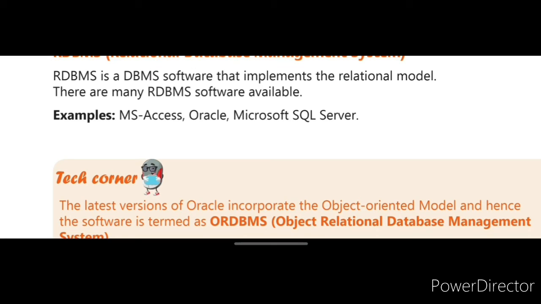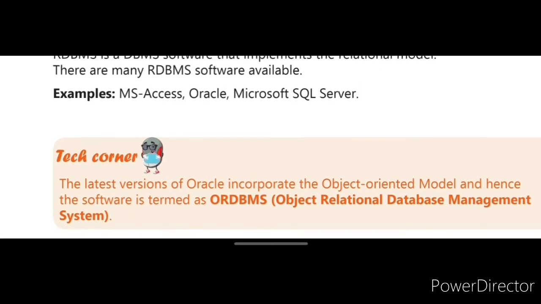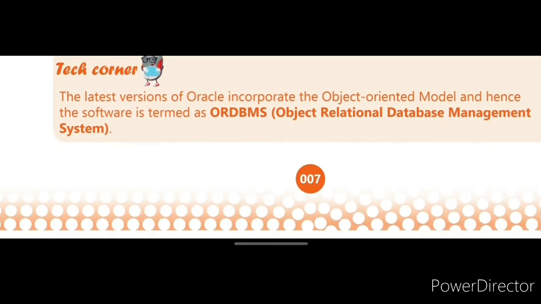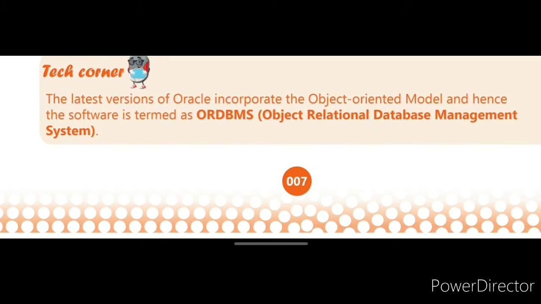There are many relational database management system software available. Some of the examples are MS Access, Oracle, Microsoft SQL Server. So MS Access is a relational database management system software. See here in Tech Corner what is given.